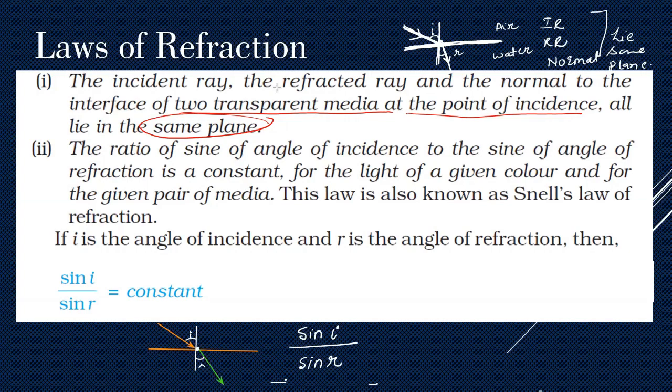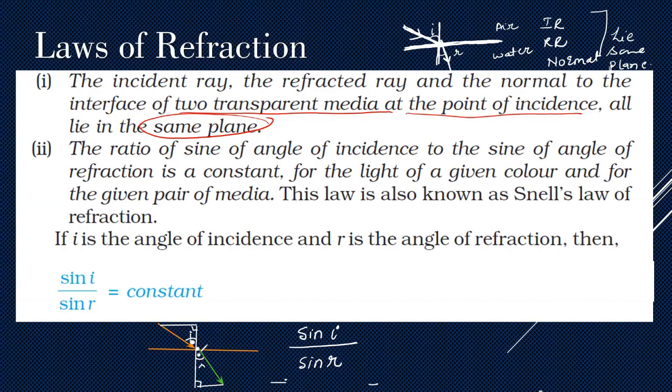What I do is draw a perpendicular from this to this. Again, if I extend this normal, I will draw another perpendicular from here to here. Now these have become right-angled triangles, and the angle of incidence or angle of refraction is my theta.